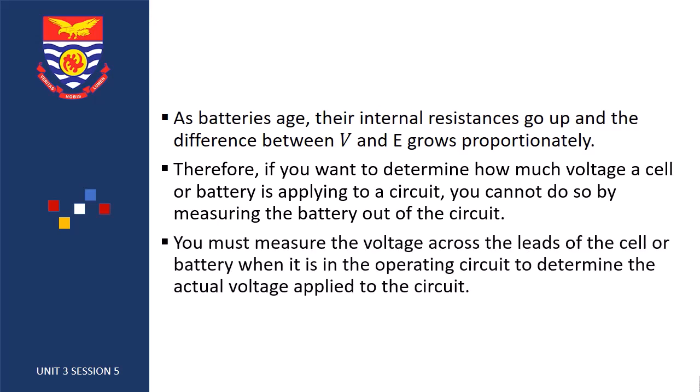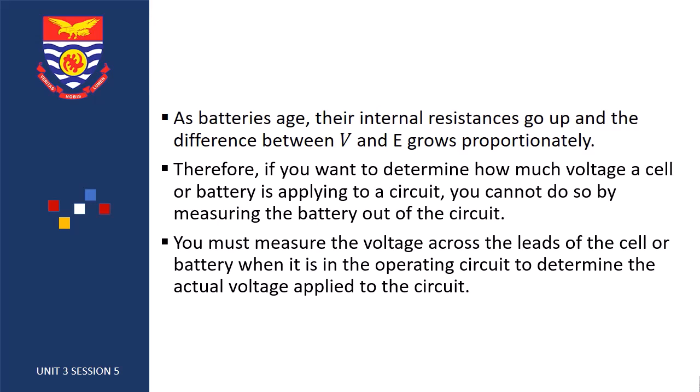We must always ensure that it is measured when the circuit is complete and operating. That is the point we can measure the voltage across the cell to find out the actual voltage being applied to the circuit.